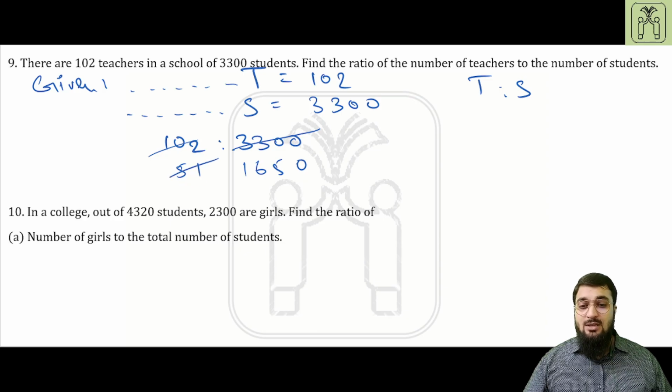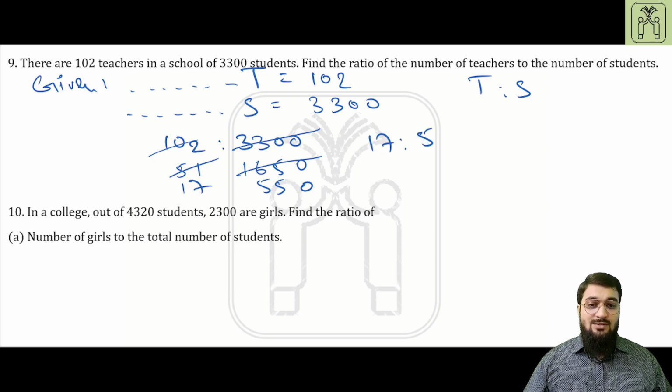So 51 divided by 3 is 17, and 1650 divided by 3 is 550. Then we have 17 and 550. 17 is a prime number and it will not have any common factor with 550. Therefore, the answer is 17 is to 550.